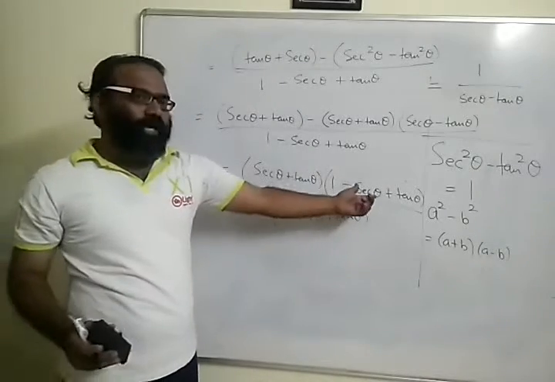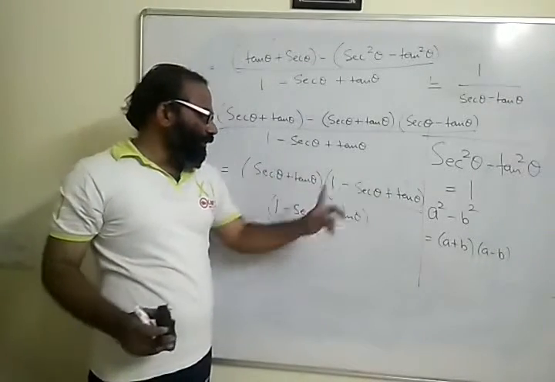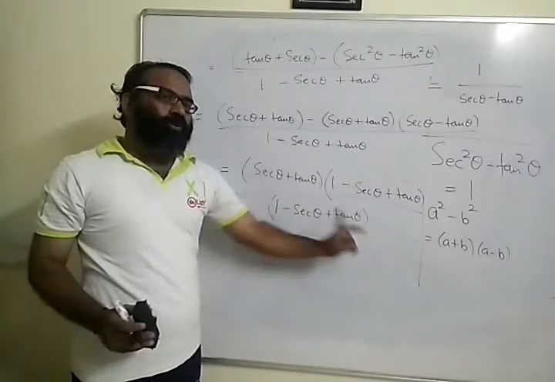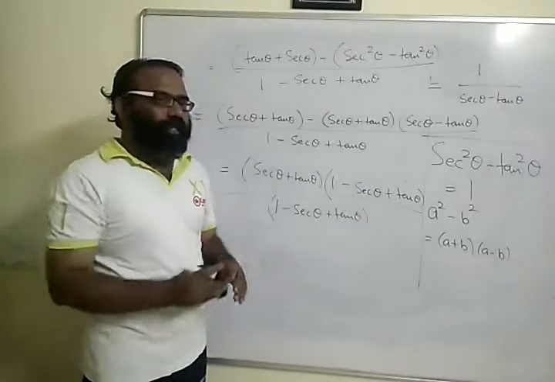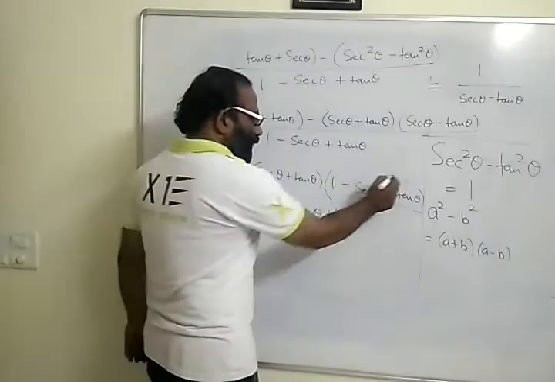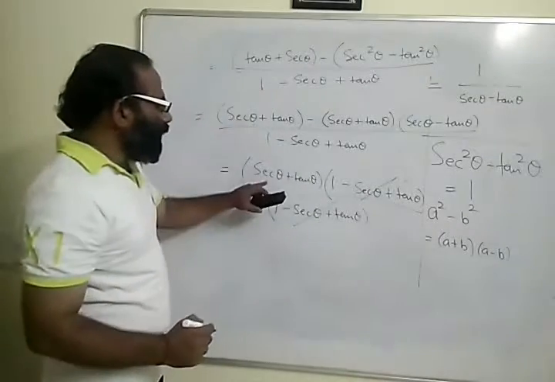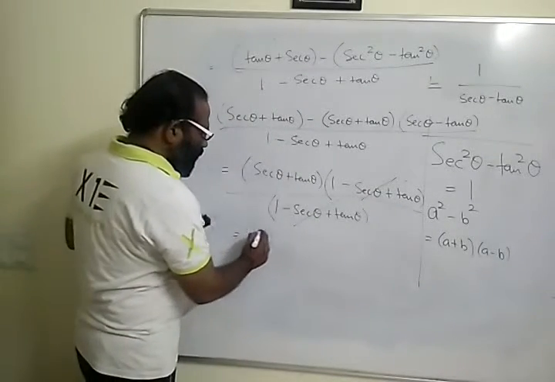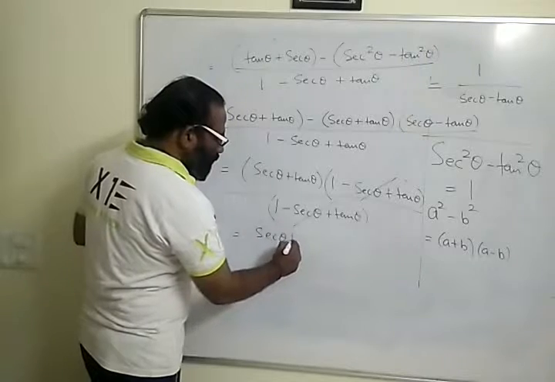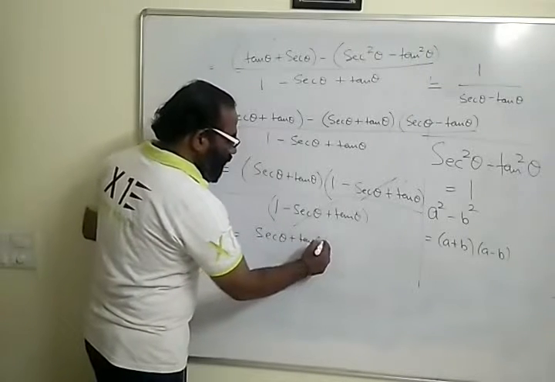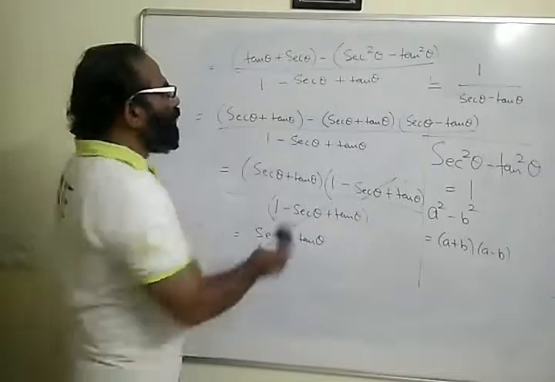Now I have in the numerator 1 minus secant theta plus tan theta, and the denominator also has 1 minus secant theta plus tan theta. We can cancel these both. So what do I get over here? I get secant theta plus tan theta.